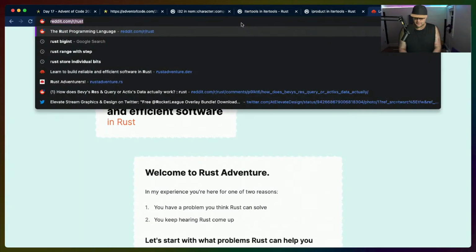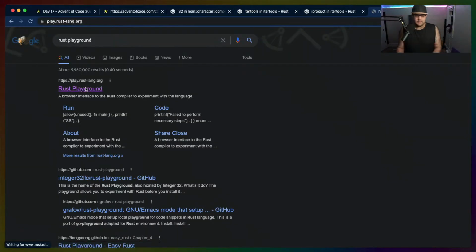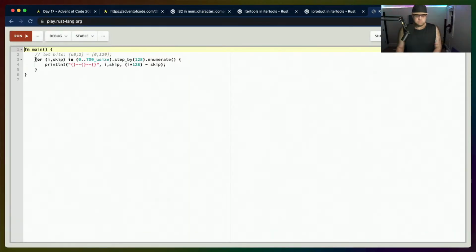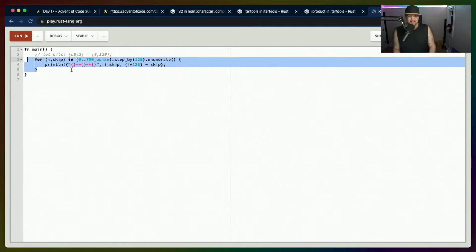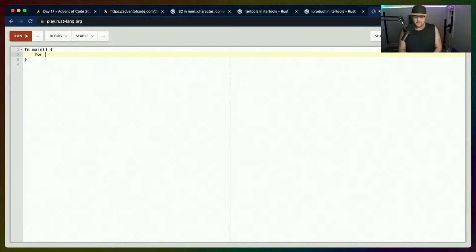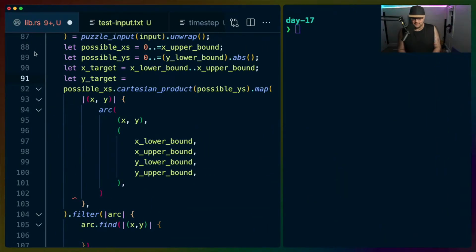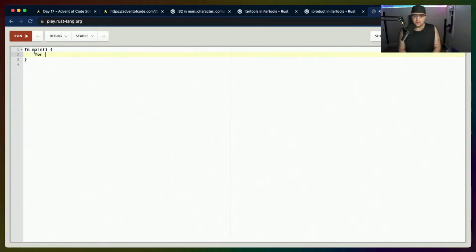Not Rust Adventure, Rust Playground. This is an experiment I was doing for the binary stuff, actually. For what? What was I doing? I lost my train of thought. We get all of the arcs for all of the starting positions. Range on negatives, yes.